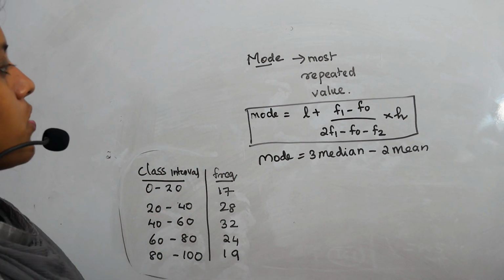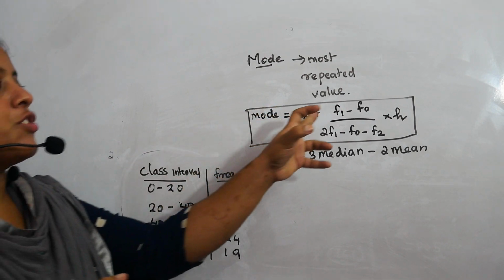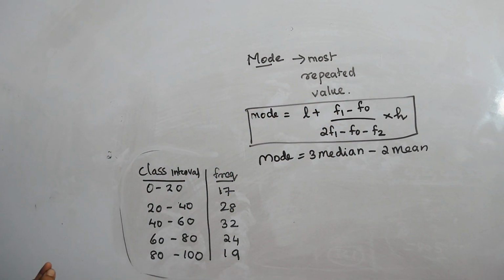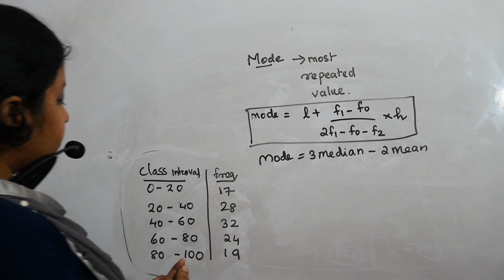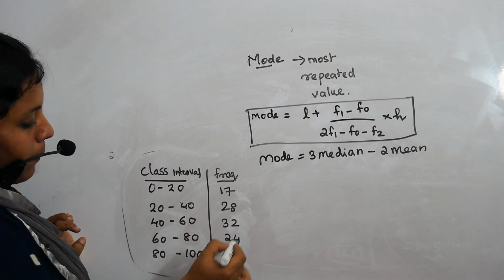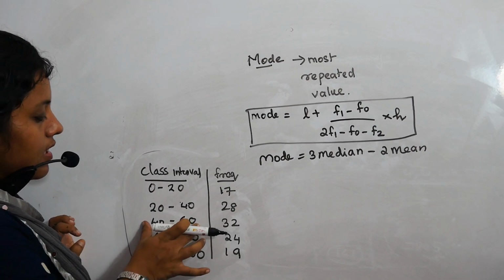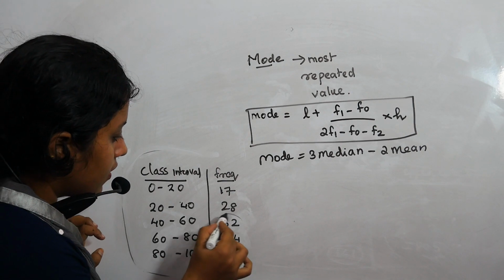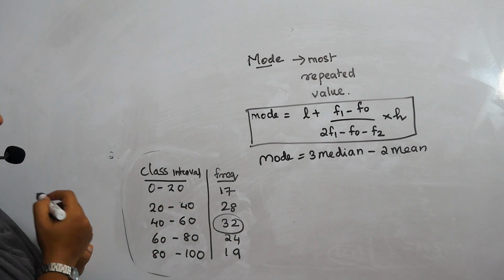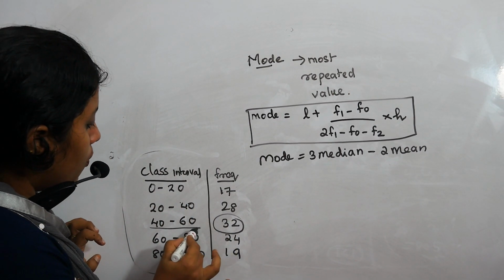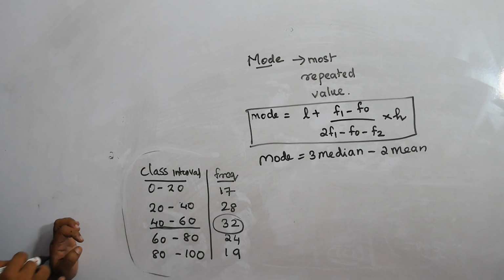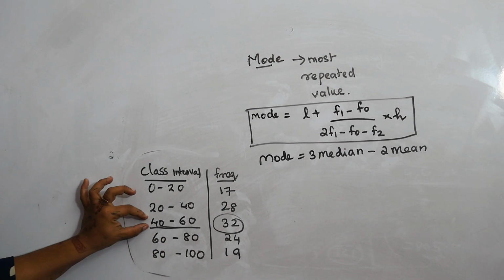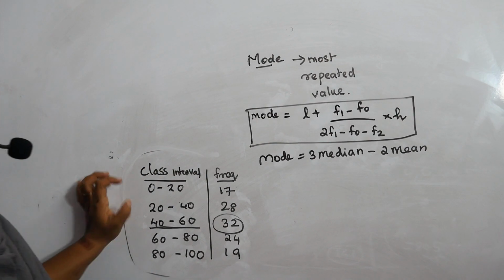Now I will show what each of these terms is. First is L. L is the lower limit of the mode class, the class interval with the biggest frequency. The frequency 32 is biggest, no? So I am having the mode class as 40 to 60, and its lower limit is the L here.